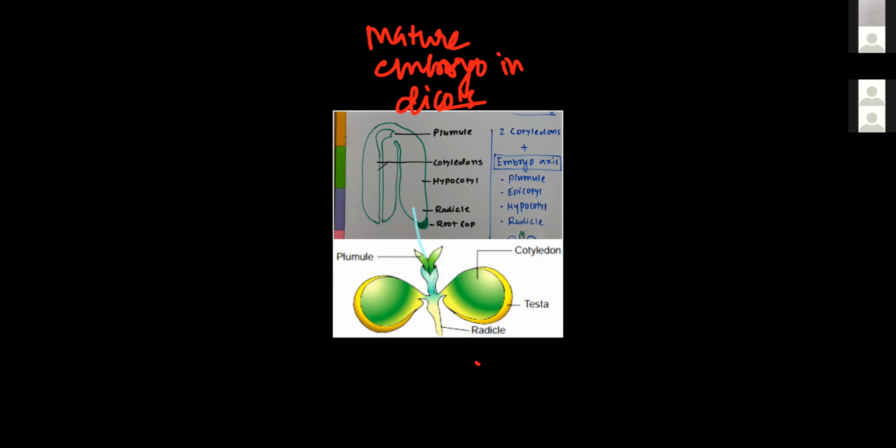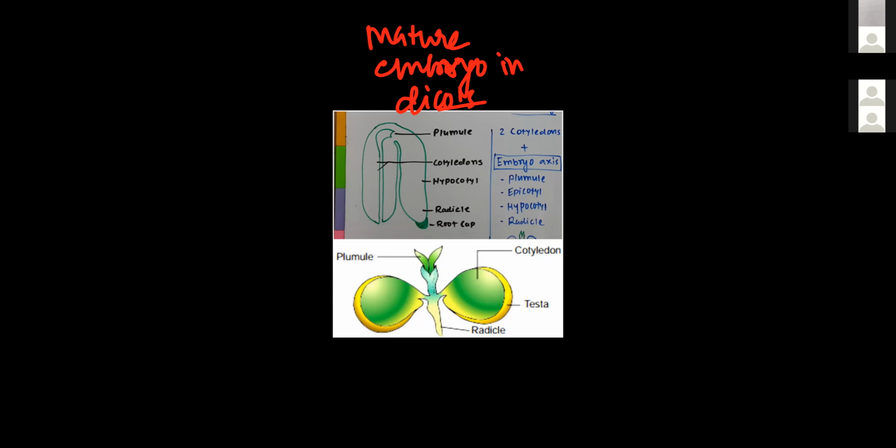When you talk about an embryo axis, it has the following components. For example, the portion of the embryo axis just above the level of the cotyledon. Now, as you can make out, if this is the embryo axis, the cotyledons are attached to it at a certain position. This one.